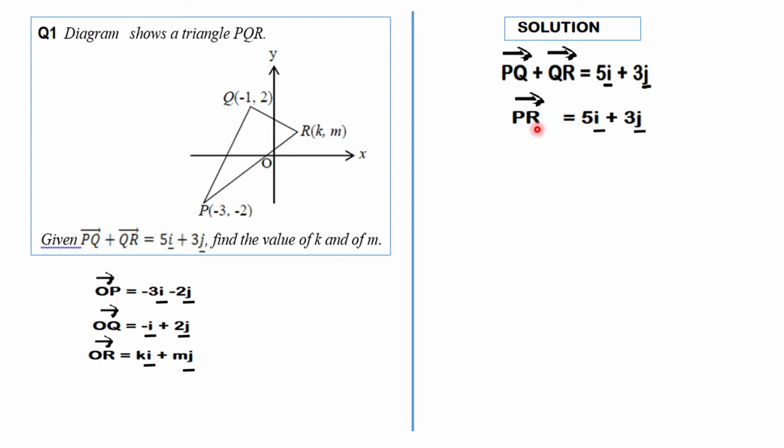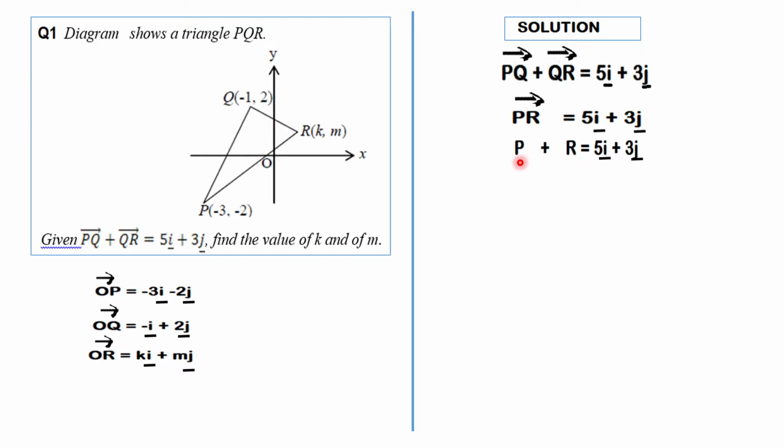Since we want to find the value of K and M, I'm going to involve vector OR. So I'm going to break the vector PR into two vectors.